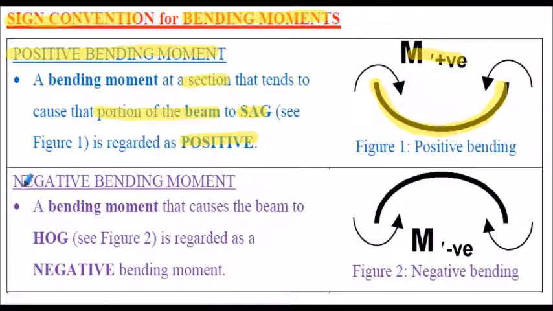And conversely, a negative bending moment causes the beam to what's called hog. In other words, an unhappy face, as a student once said. So applied loading, whether that is point loads, UDLs, etc., that forces the beam into that shape is considered a negative bending moment. So that's a notation we will use throughout the presentation.